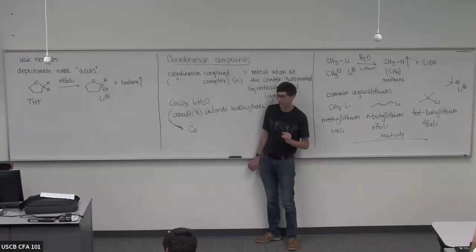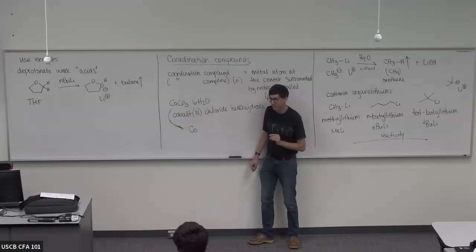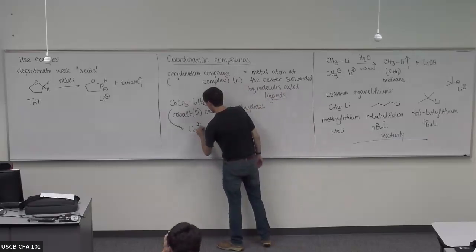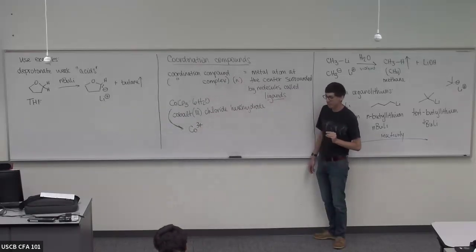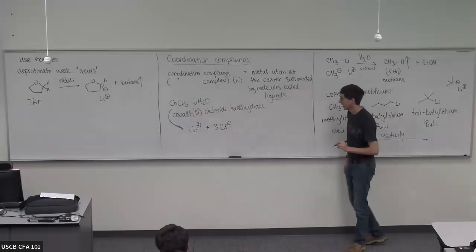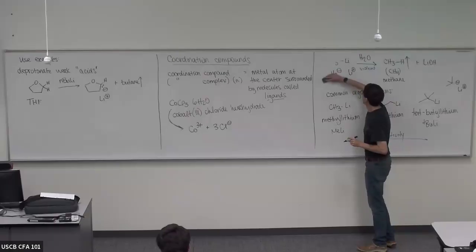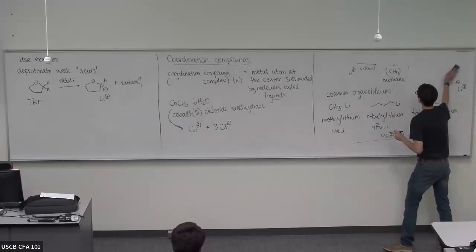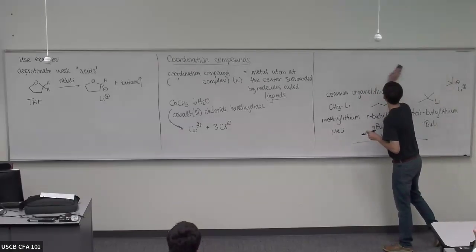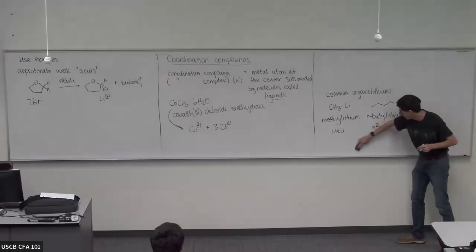Come on, Gen Chem. There are 3 chlorides, so it's got to be a 3 plus to balance the 3 minuses. Okay, so it probably looks something like that, right? And that's a good enough explanation for just cobalt 3 chloride by itself.